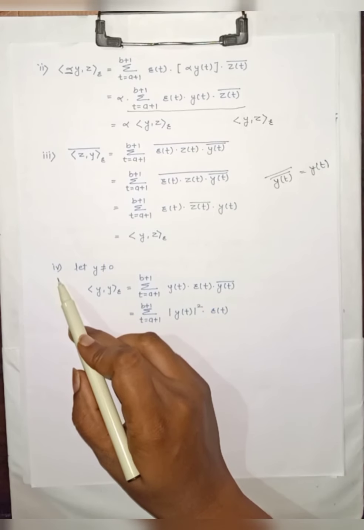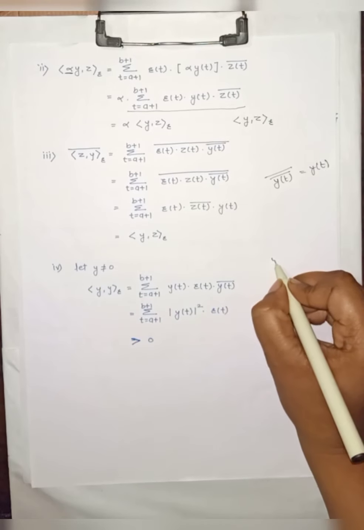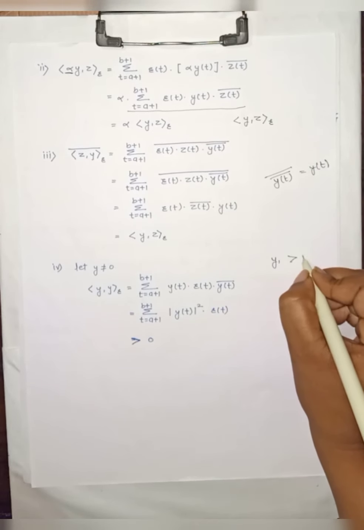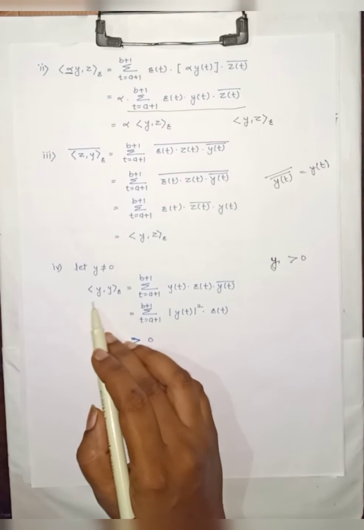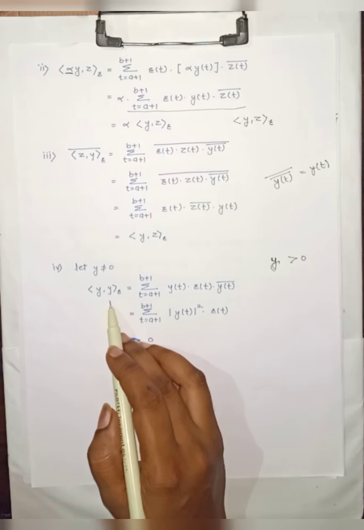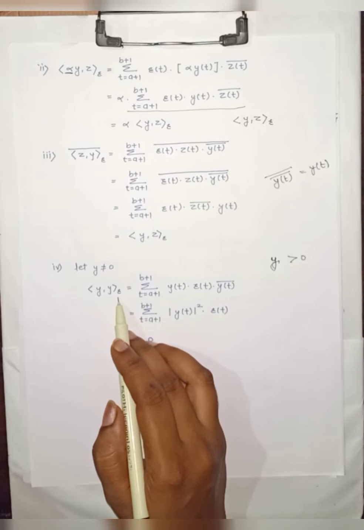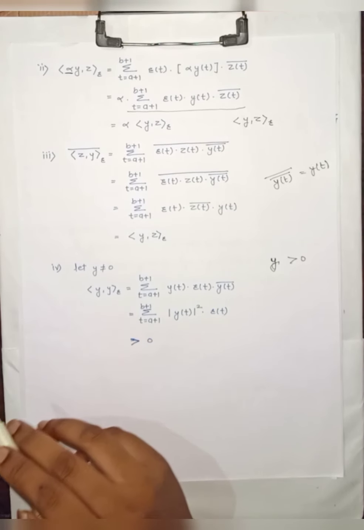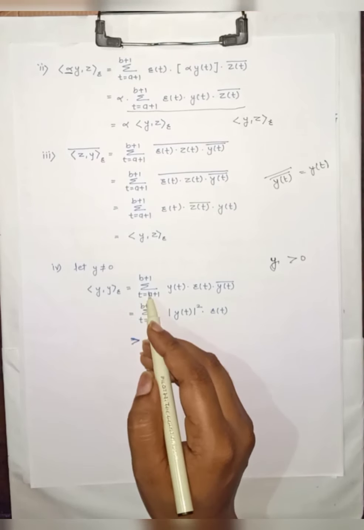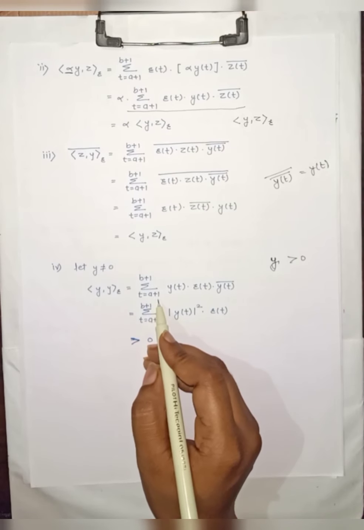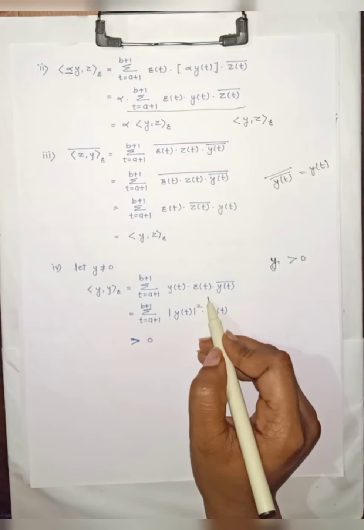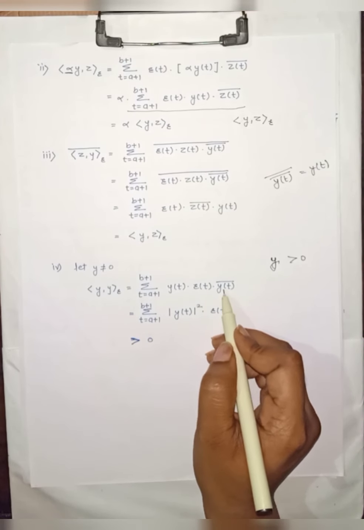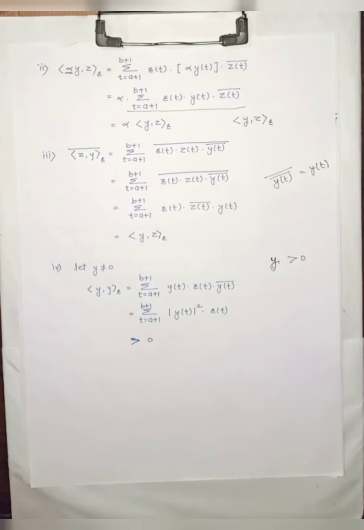Now moving further to the fourth property, we have to prove that the inner product of y with y is greater than 0. So consider inner product of y with respect to y, the whole inner product with respect to weight function r. So that is equals to summation from t equals a plus 1 to b plus 1 of y of t into r of t into y of t whole conjugate.